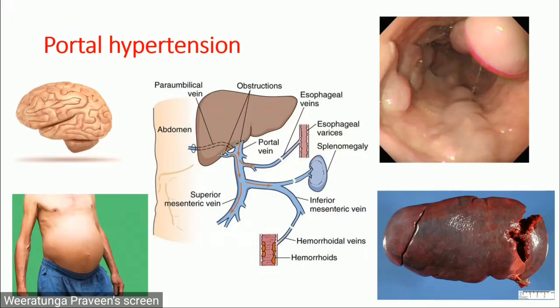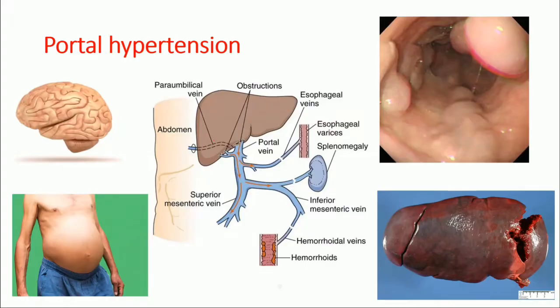Now, as a mechanism of dealing with this portal hypertension, with time there is formation of portosystemic anastomosis. When the portal pressure is elevated, your body is trying to lower it, so the body forms these portosystemic anastomoses, connections between the portal and the systemic circulation.